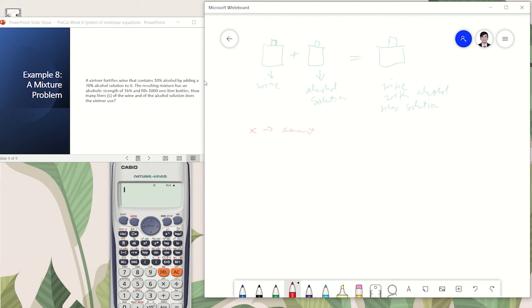We still don't know. And the Y, which is our second container. Think of it as a container, the amount of alcohol solution used.